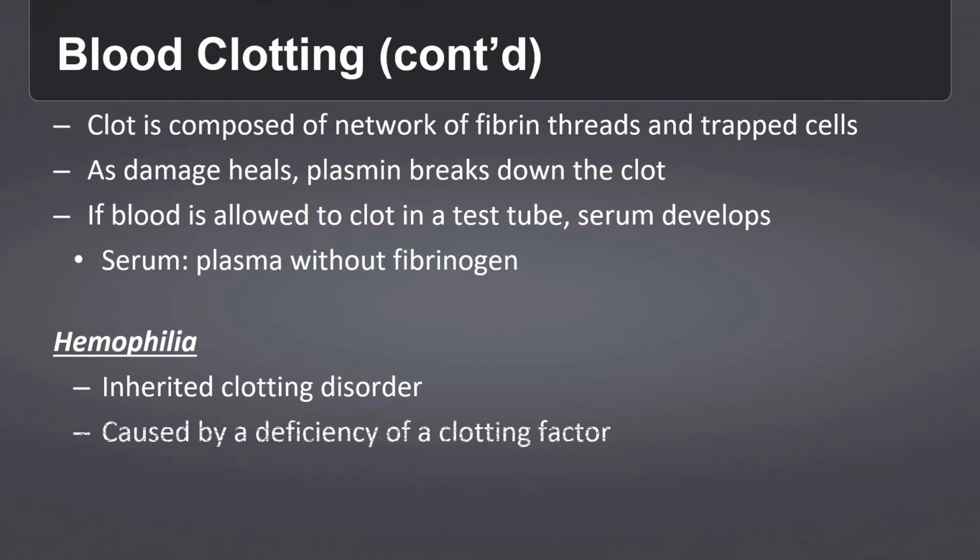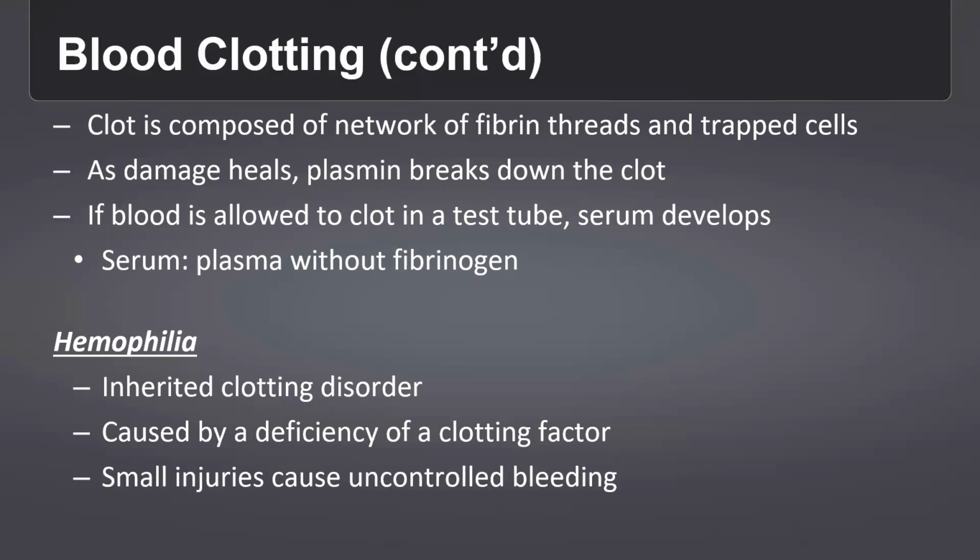Essentially, it's a deficiency of a clotting factor where small injuries, like if you grabbed a knife accidentally, could be fatal because your body won't be able to stop the bleeding. It won't be able to clot, so then you just bleed to death.